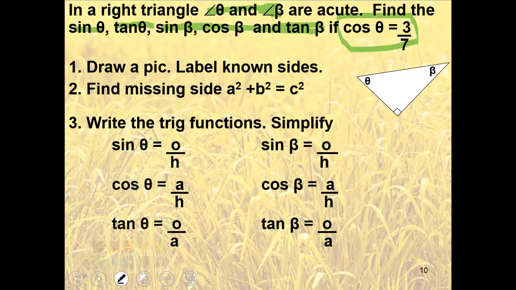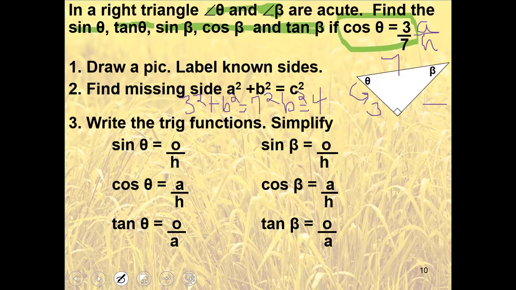Now watch how this works. If we know what the cosine of an angle is, then we know two sides, don't we? We know the side adjacent to theta over the hypotenuse. So the adjacent side must be 3, and the hypotenuse must be 7. Now we use the Pythagorean theorem to find the other side: 3 squared plus b squared equals c squared, so b squared is 49 minus 9.